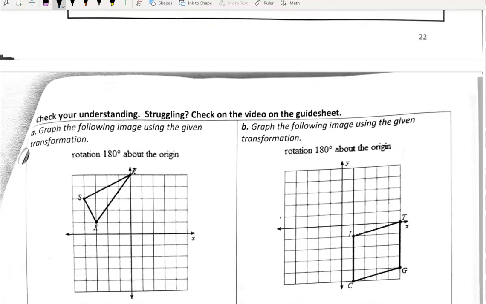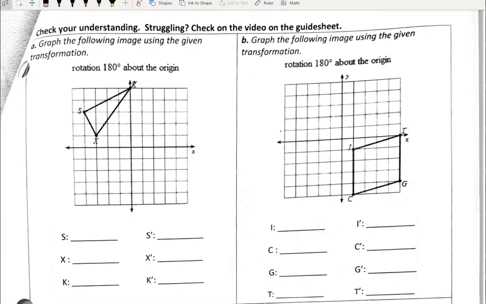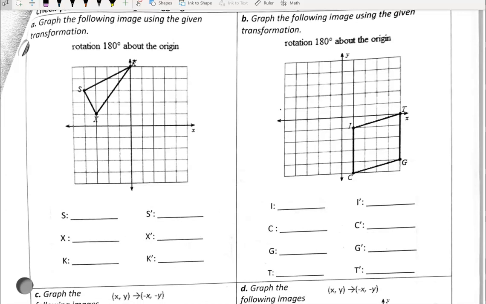All right, so let's take a look at one quick example, and then I'm going to set you off to finish the other examples and to recap it. And that way you'll have plenty of time to work on this and get help. So let's take a look at part A. We want to graph the following image using the given transformation. So rotation 180 degrees about the origin.